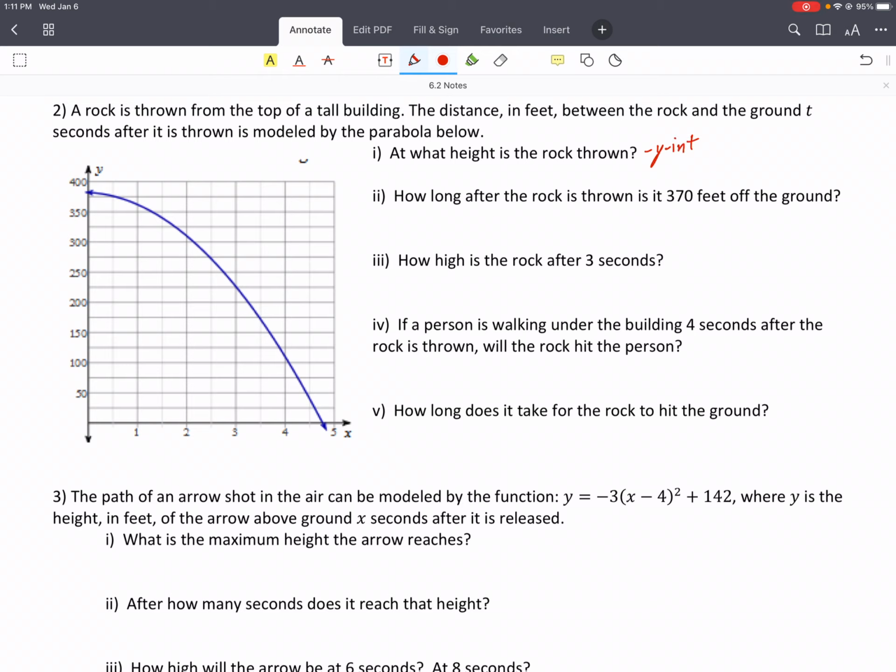How long after the rock is thrown is it 370 feet off the ground? We want to know the time at 370, so that's going to be a random point, but more specifically, that's going to be the x-coordinate.